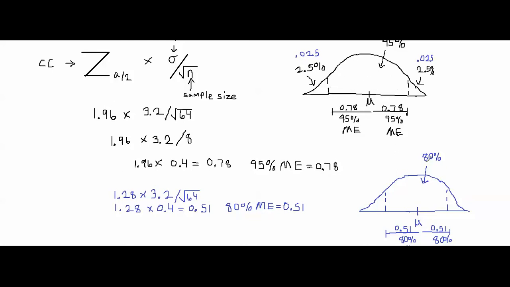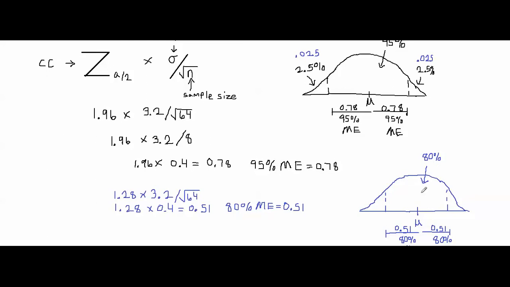But the 80% margin of error is the distance from the population mean to the lower end and the upper end of the middle 80%. That's why I'm saying that 80% of the possible samples have a sample mean between these two boundaries. We have this boundary that's 0.51 below the population mean, and this boundary that's 0.51 above the population mean. And we've just discovered that 80% of the possible samples fall between those two boundary points.